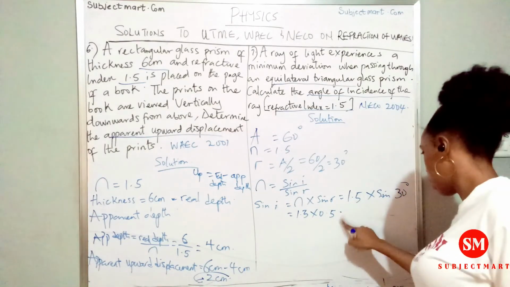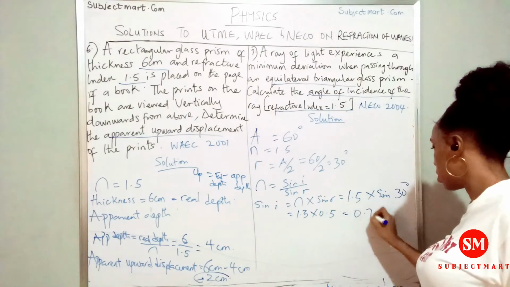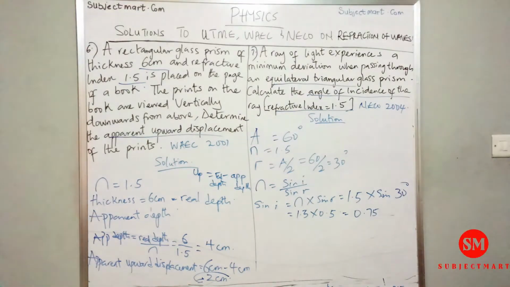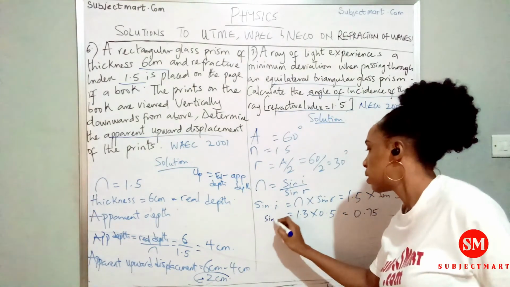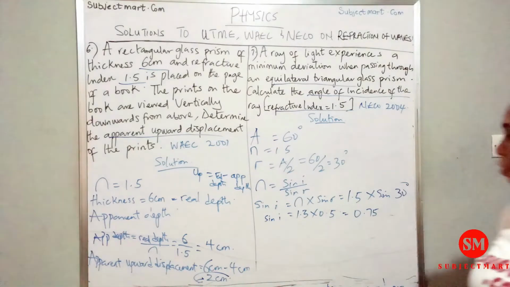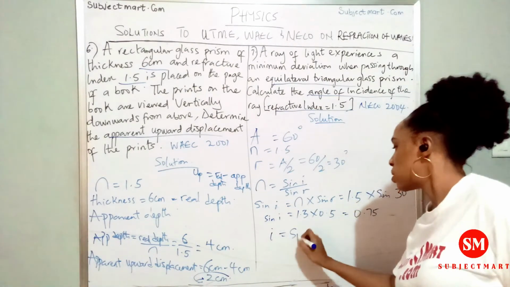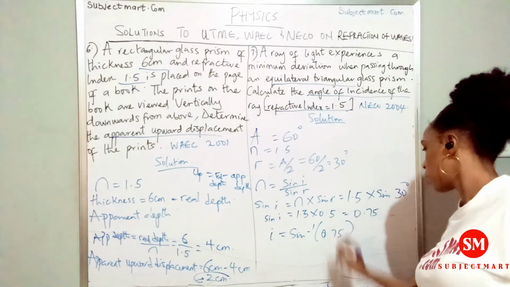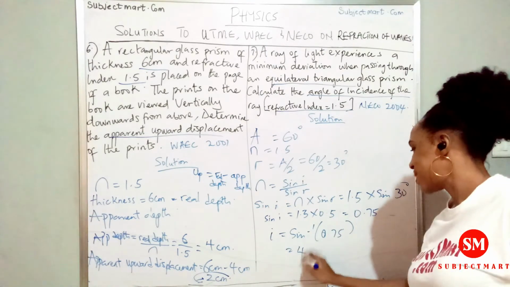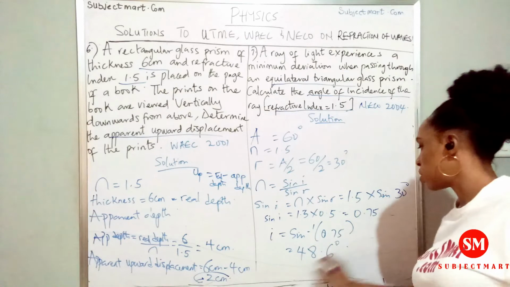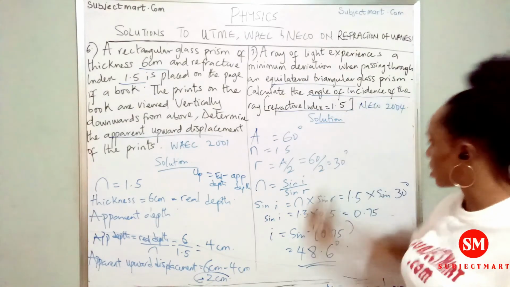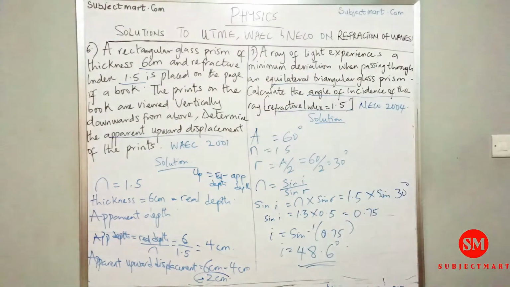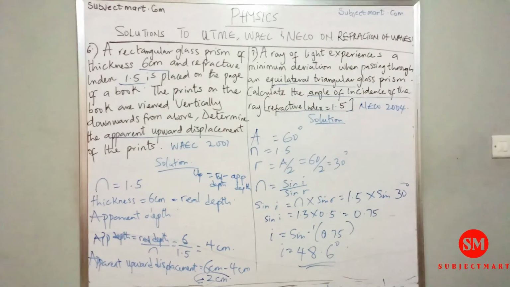And this will give me 0.75. So sin I is equal to 0.75. I therefore is sine inverse of 0.75, which equals 48.6 degrees. So the angle of incidence of the ray is equal to 48.6 degrees.